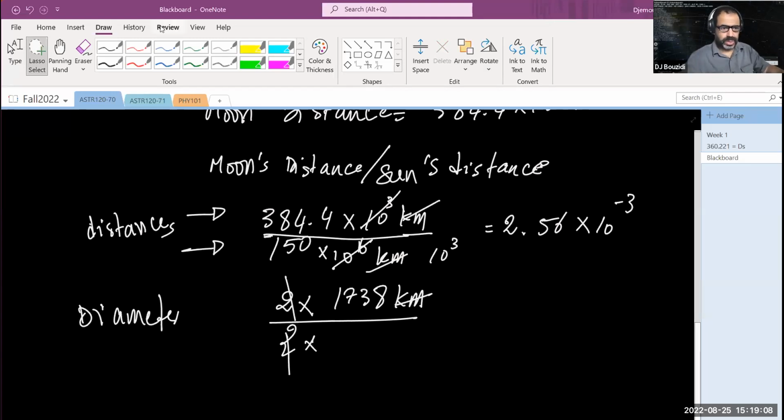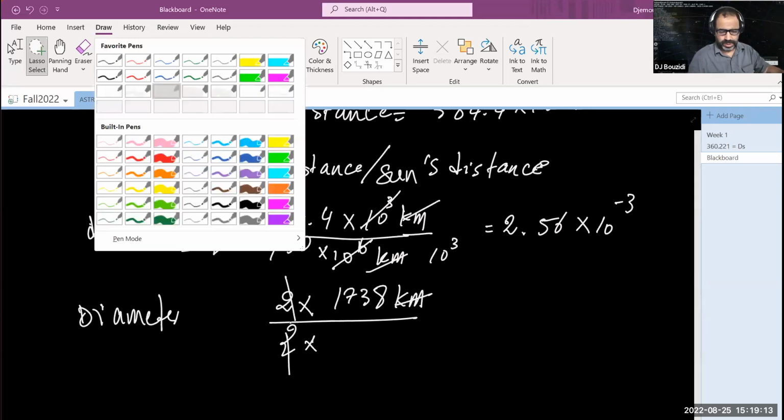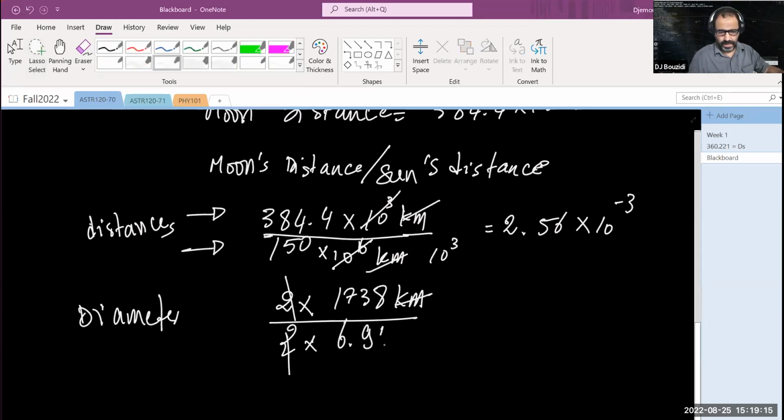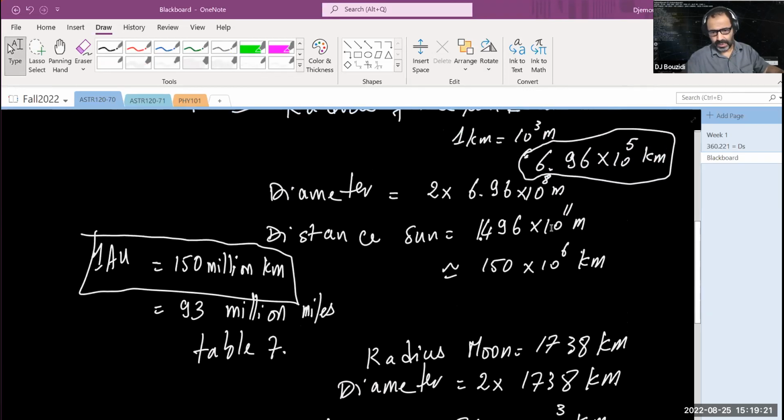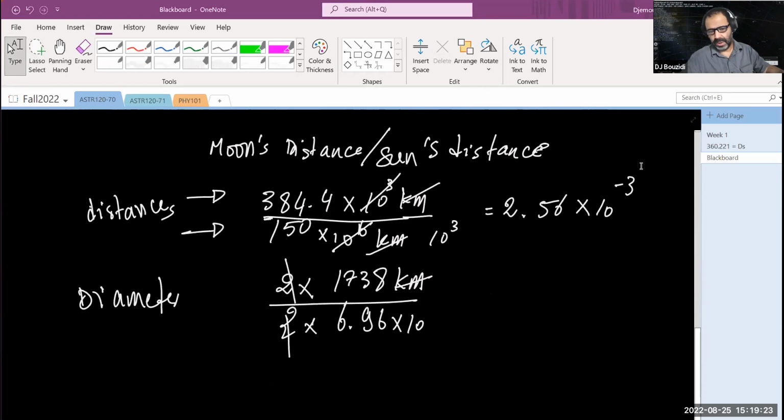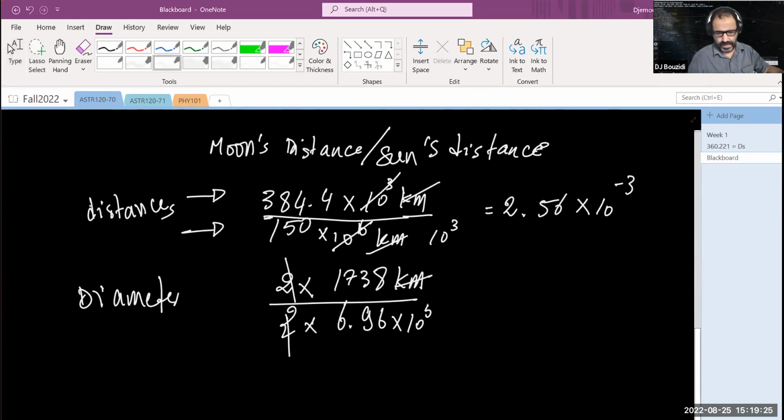It was a different answer. So it was 6.96 times 10 to the power 5 kilometers. So the issue with the kilometer is still the same, but I wrote this wrong number. So the 2 cancels the 2.